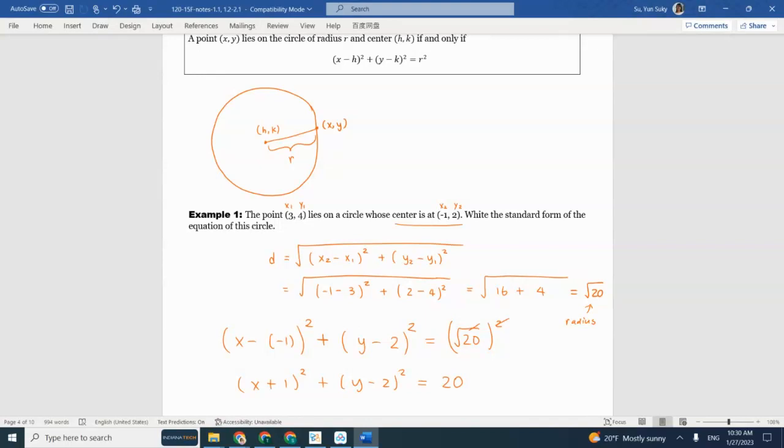The x coordinate is x1 plus x2 divided by 2, right? And the y coordinate is y1 plus y2 divided by 2. This is how you calculate the average of two numbers: you add them up and divide by 2. That will give you the midpoint.